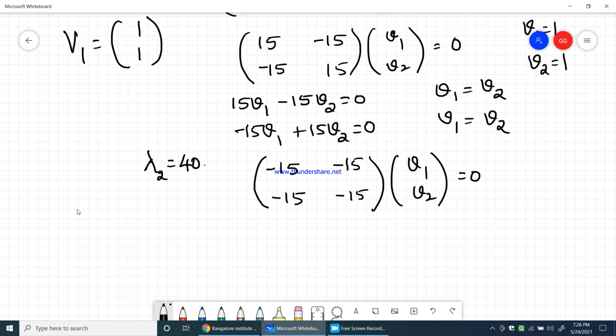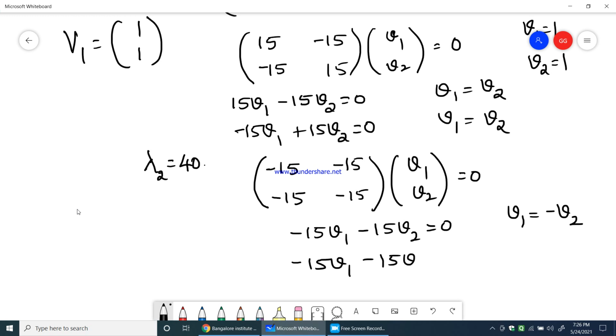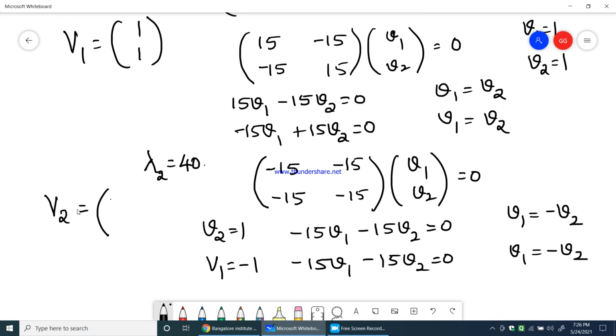Therefore minus 15 times v1 minus 15 times v2 equals 0, so v1 equals minus v2. The second equation is also the same, so again v1 equals minus v2. When v2 equals 1, v1 will be equal to minus 1. So the second vector is minus 1 and 1.